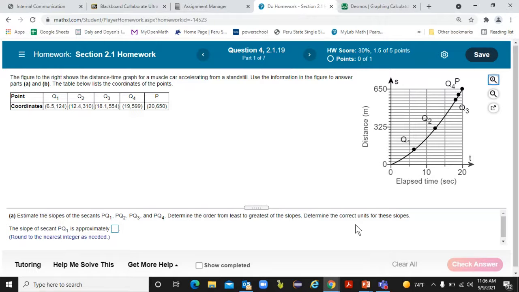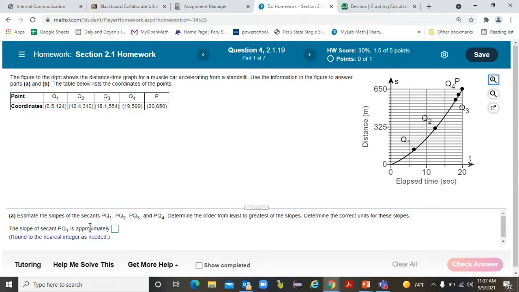That first point is 6.5 seconds in, so at 6.5 seconds he's reached 124 meters, and I'm just reading that from the chart. Then at 12.4 seconds he's gone this many meters, etc. At the end, it took him 20 seconds to go 650 meters.